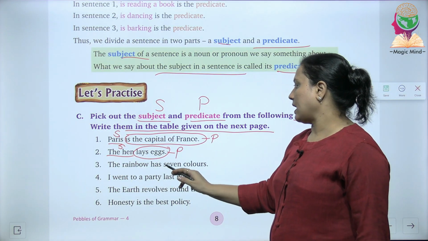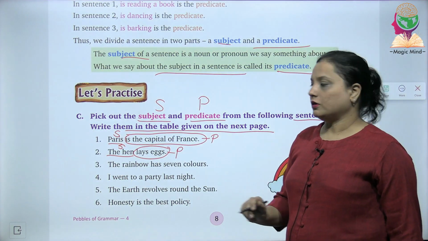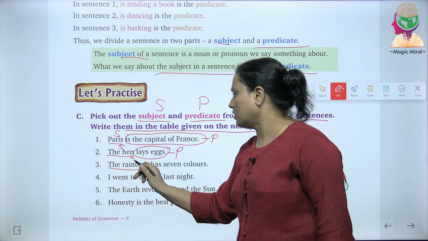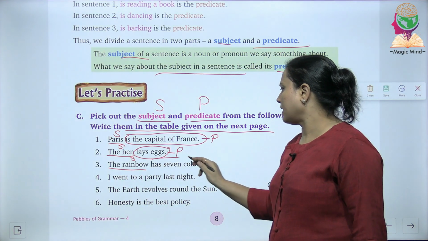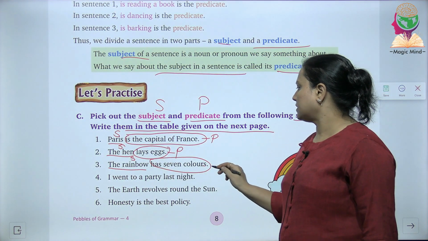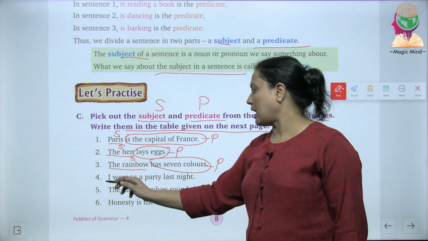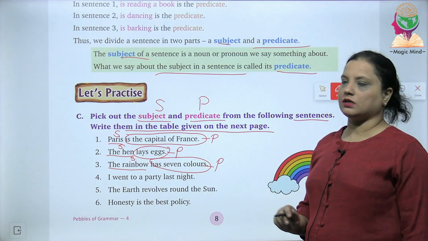Third sentence. The rainbow has 7 colors. Here the term rainbow, the rainbow is actually the subject and has 7 colors is the predicate. Fourth sentence is I went to a party last night.